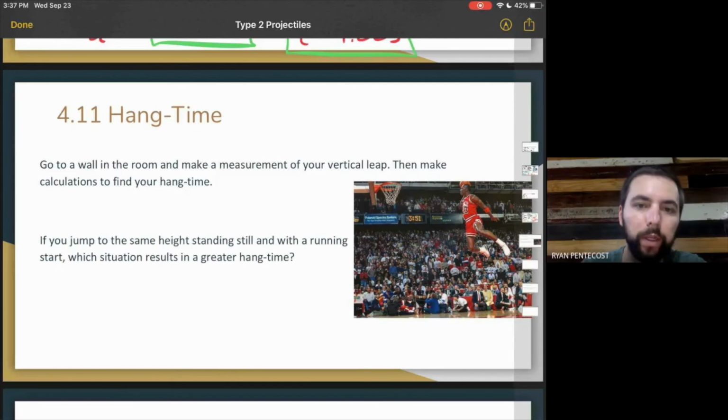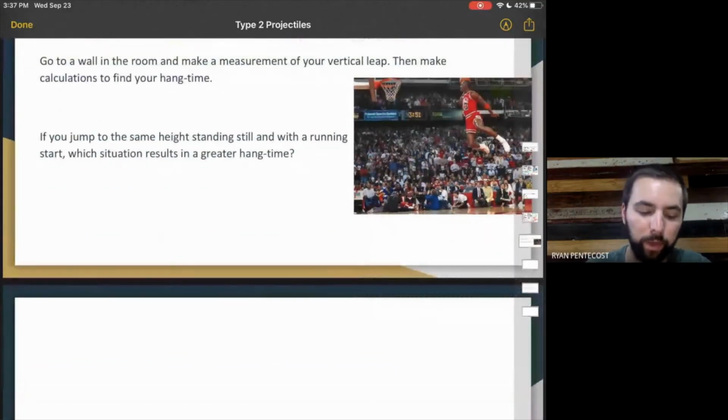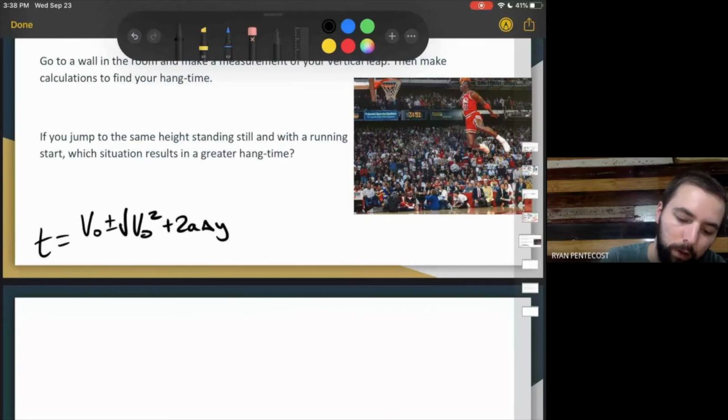So if we're going straight up and straight down, right, that is a type 2 projectile. That's what I want, type 2 projectile. So let's see. We want to find time, right? So time would equal v naught plus or minus the square root of v naught squared plus 2a delta y, all over a, right?